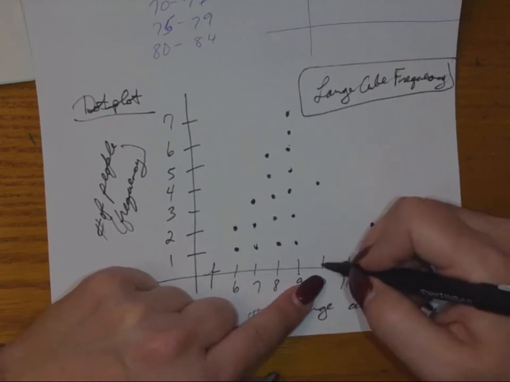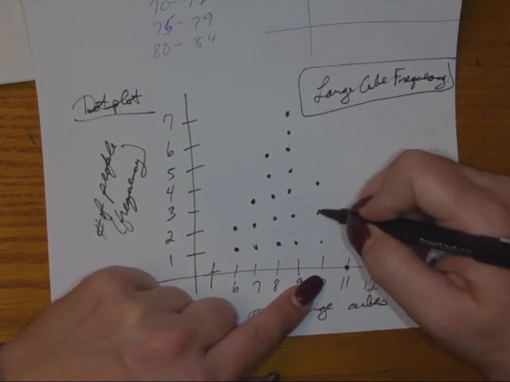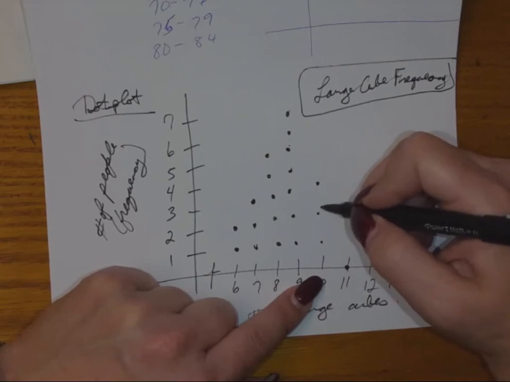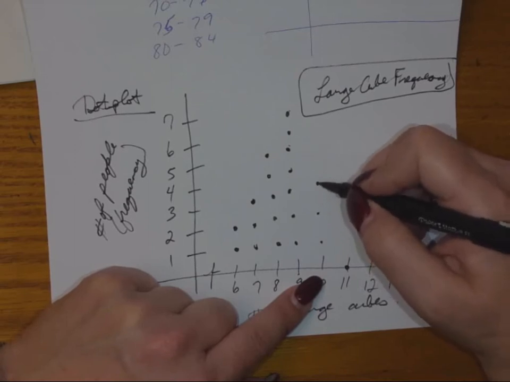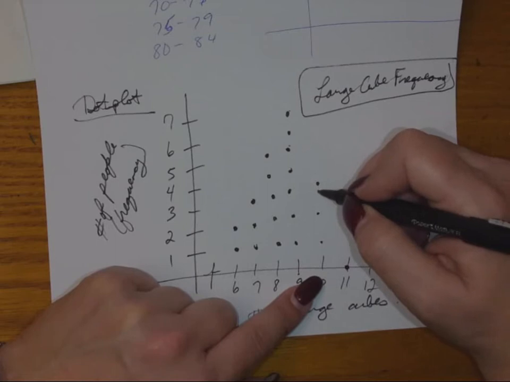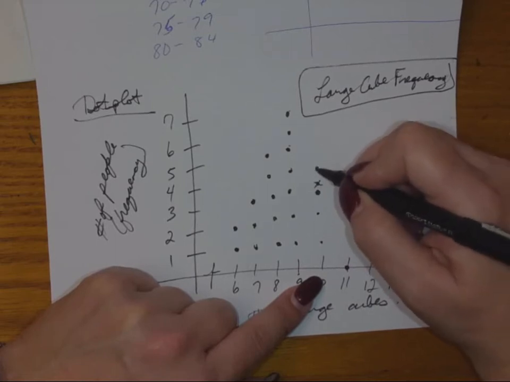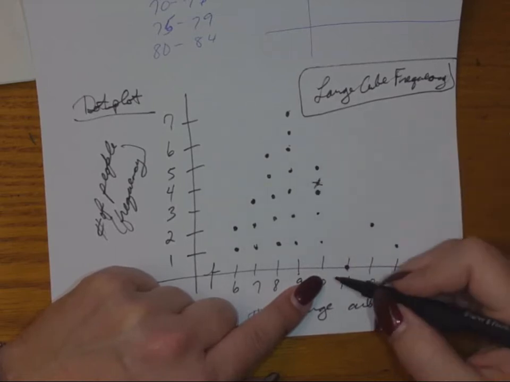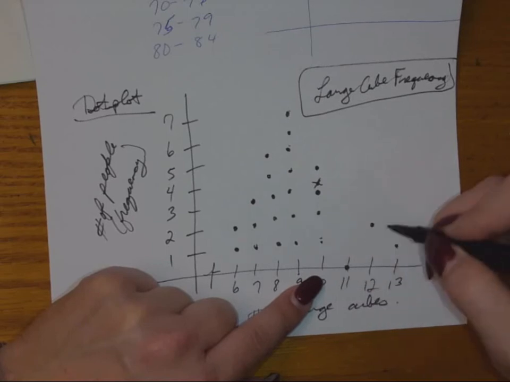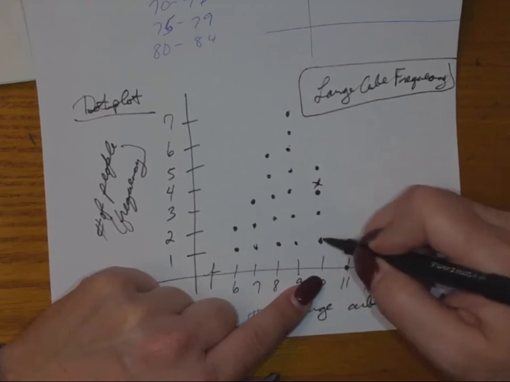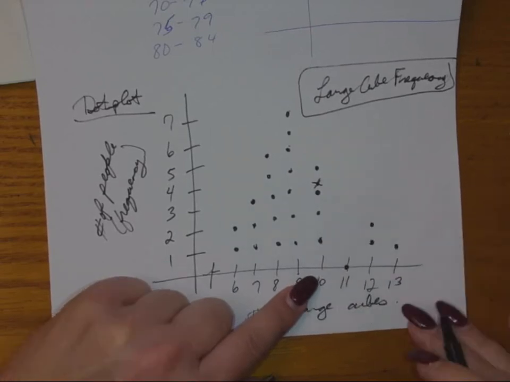So 10 had 4, so 1, 2, 3, 4. Sorry. Okay, something like that. 11 had 0, 12 had 2, and 13 had 1.